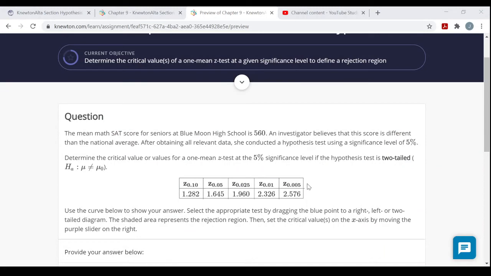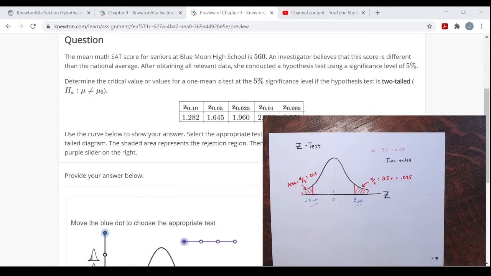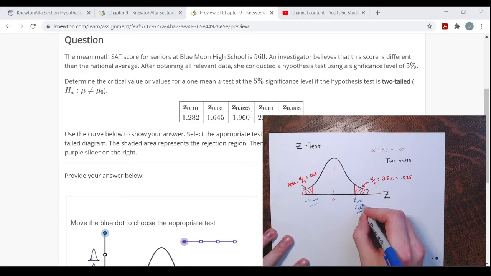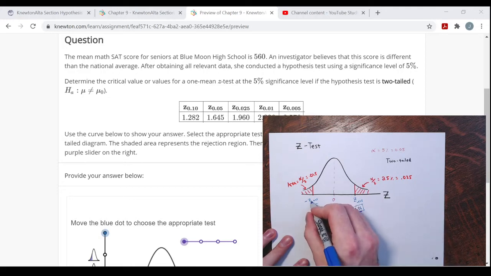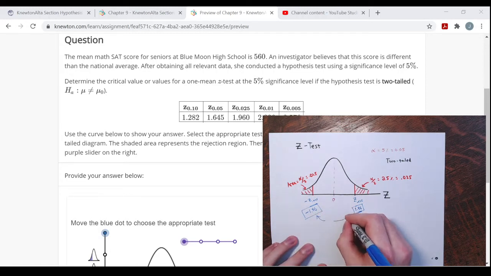Let's look for the special z-score. The z-score with an area of 2.5% above it is this value right in the middle here, 1.96. So back on my paper, this z-score with an area of 2.5% above it is positive 1.96. That would be one critical value. And this z-score over here with an area of 2.5% below it would be negative 1.96. Both of those are the critical values for this particular hypothesis test.